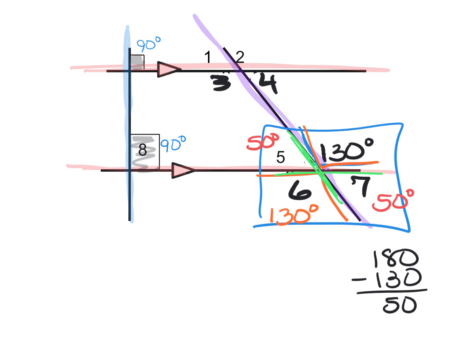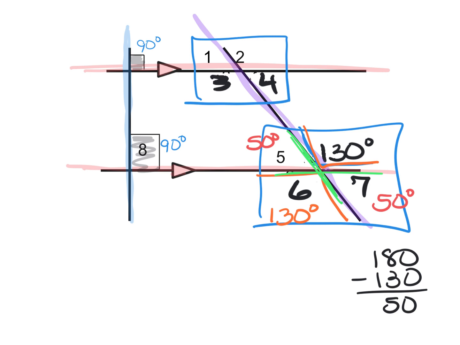Now is where we need to tie in our Chapter 3 knowledge. So again, if I box this, I could use my corresponding angles, or I could just use alternate interior and alternate exterior. It really doesn't matter. You could even use your same side interior.